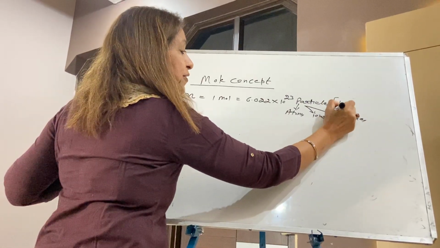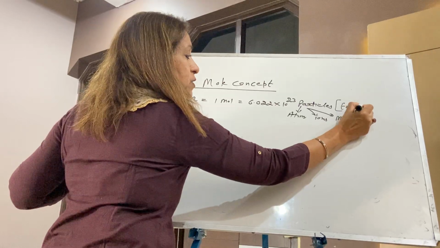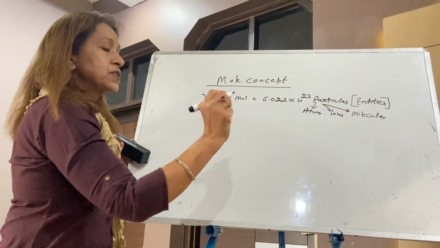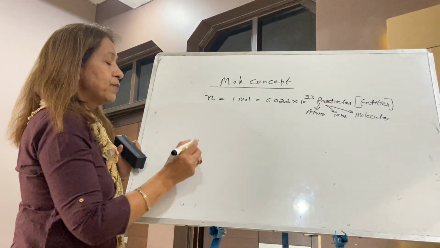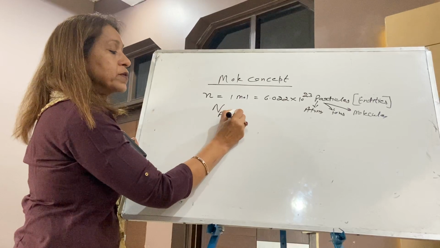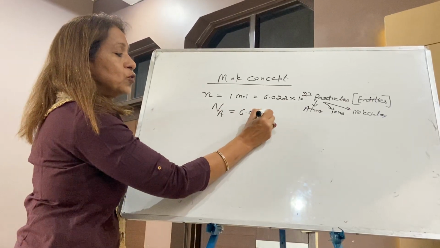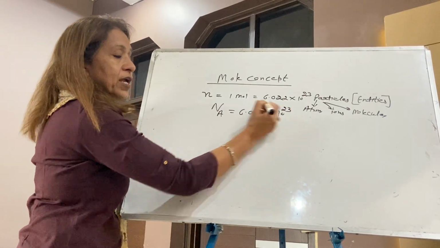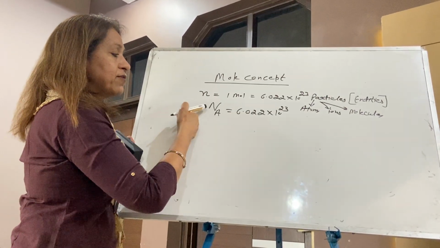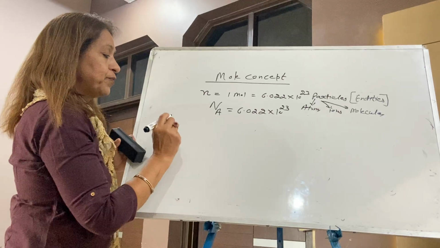You can call them entities, so entities are atoms, ions and molecules. This is also called Avogadro's number, 6.022 into 10 raised to power 23. In honor of the scientist Avogadro, this number is given as Avogadro's number.